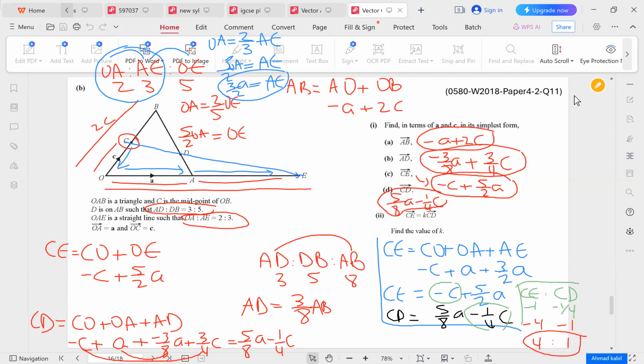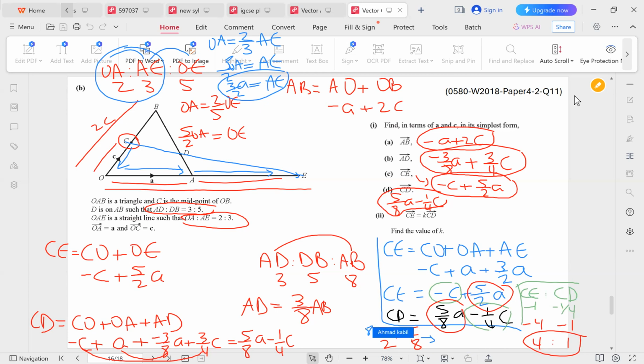Just so that you are convinced that it doesn't matter, let's also try to find the ratio using these two numbers. So we have 5/2 to 5/8. Now let's multiply both sides by 8. That would be easier and faster.